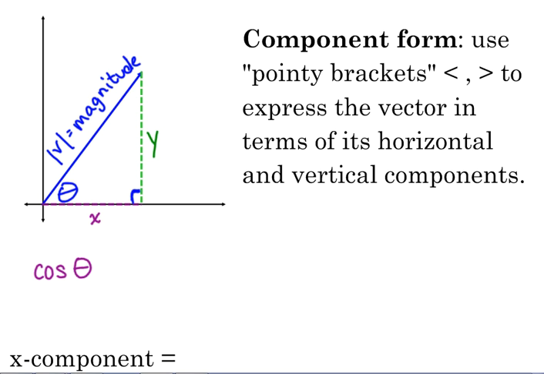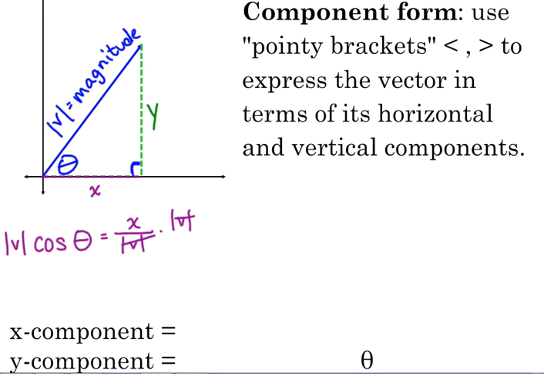So the cosine of theta is equal to the adjacent side x over the hypotenuse, which in this case is the magnitude. Solving for x, I multiply both sides by the magnitude to get my x component: the magnitude times the cosine of the angle.